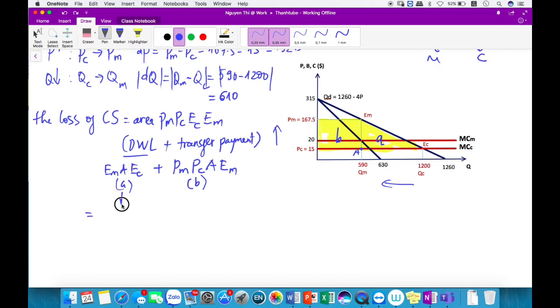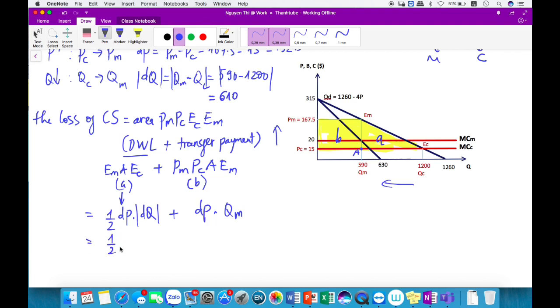So area A will be equal to 1/2 delta P times delta Q, right? Plus area B equal to delta P times QM. So you just replace the values.